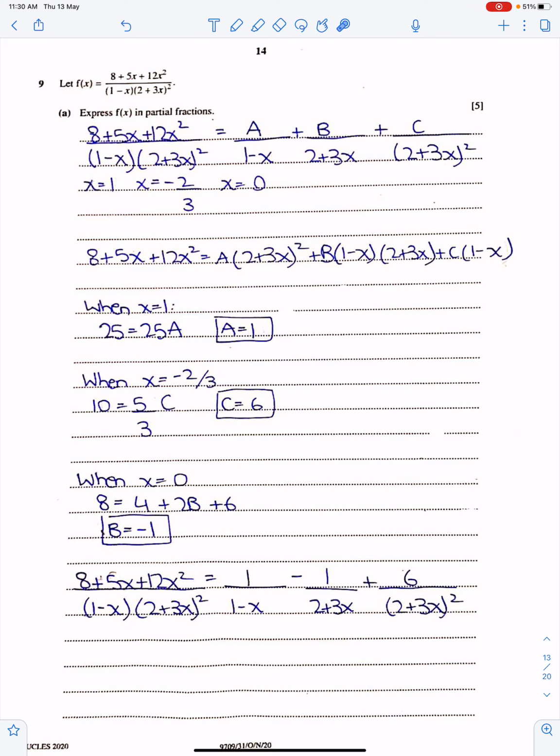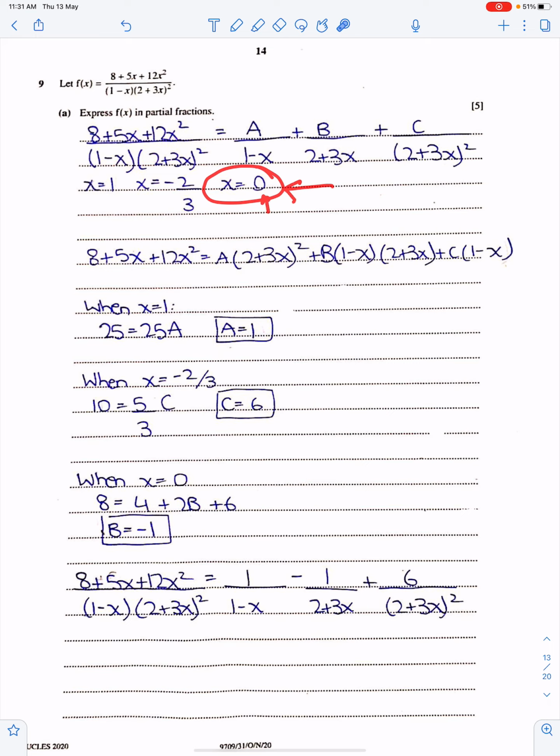Express this in partial fractions. This is the repeated linear factor, so you need to write this factor twice, once with power 1 and once with power 2. Since all the factors are linear, we must have constants in the numerator. Now from this bracket we are getting x is 1, from this bracket we are getting x is minus 2 upon 3. We have to suppose one more value of x for the remaining constant, and we always suppose the value which makes the calculation simple.